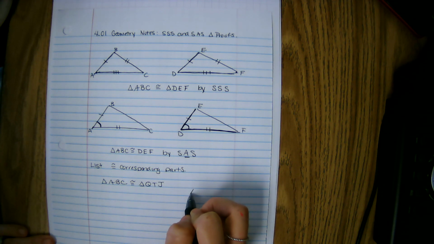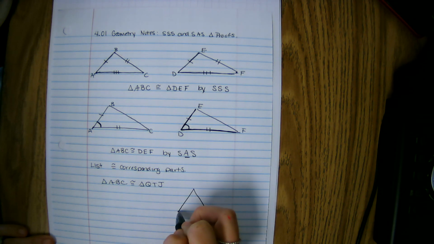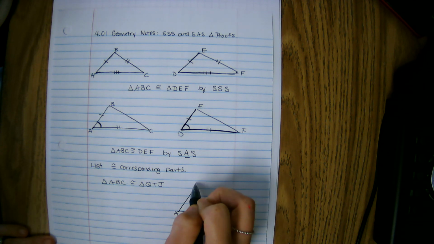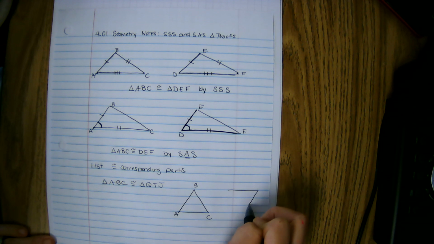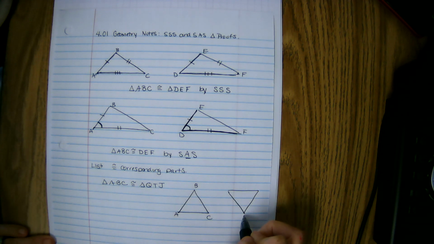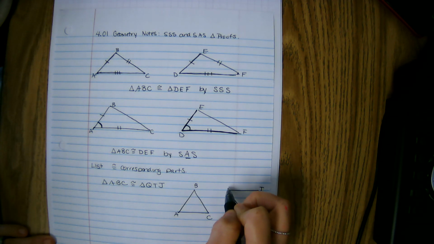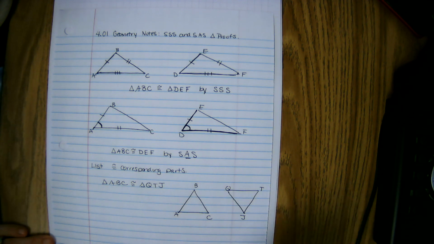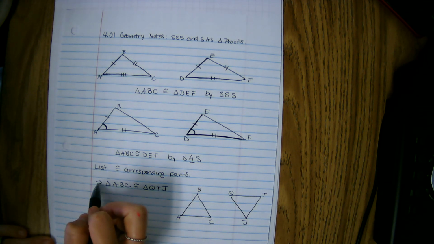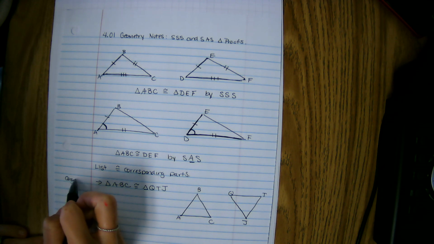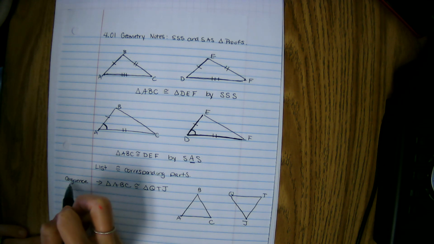So here's our picture. This is ABC. Again, obviously not drawn to scale. To match these up, you really want to use this congruence statement.